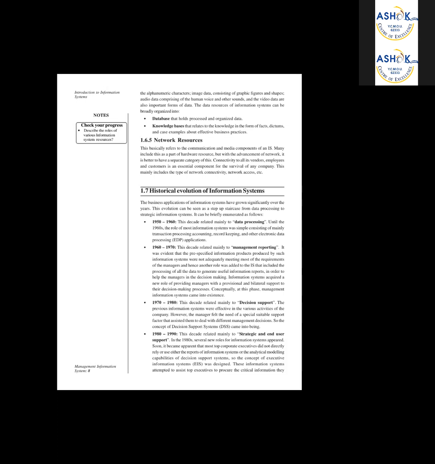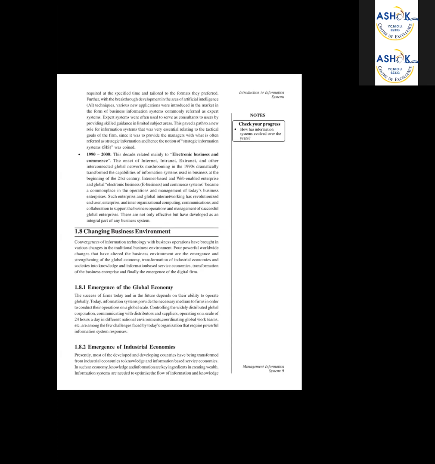So the concept of executive information systems came about. These information systems attempt to assist top executives to produce the critical information they require, at the specified time and in the formats they prefer.